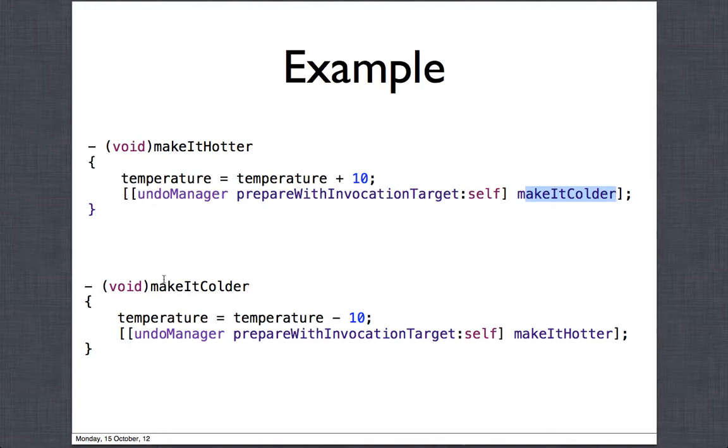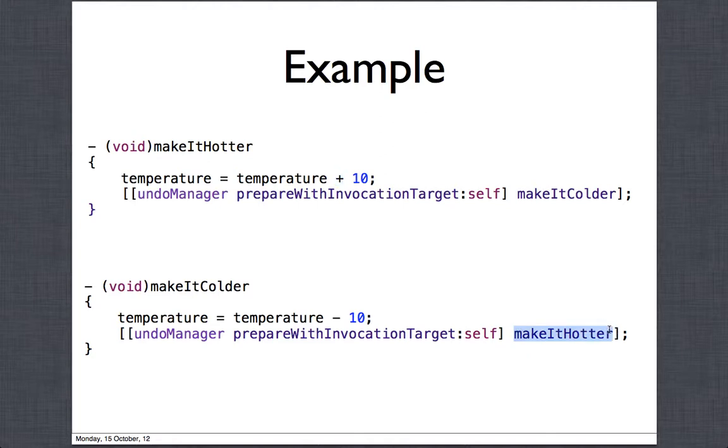And then, of course, I have to implement this same method. So here's the method, make it colder. And obviously, it does -10 to the temperature, which is the inverse of this. And of course, I have to do this again. I have to say, well, to undo this, I have to call make it hotter.